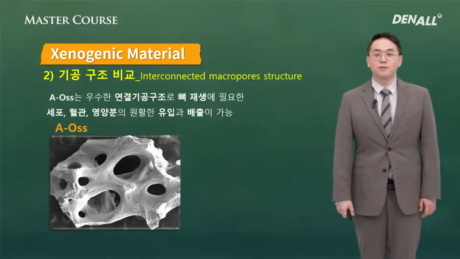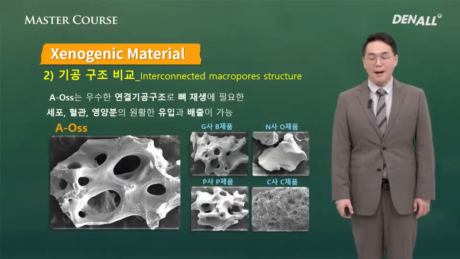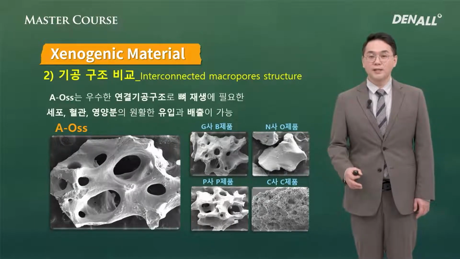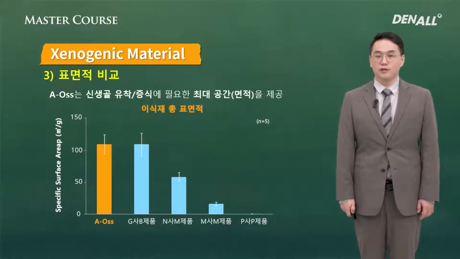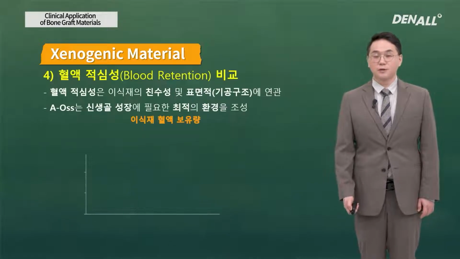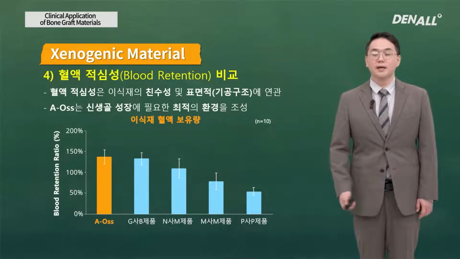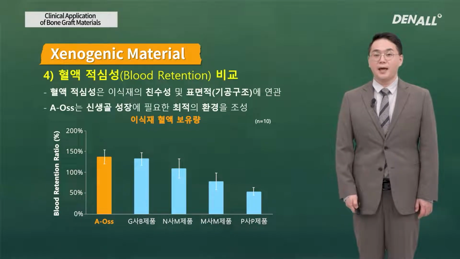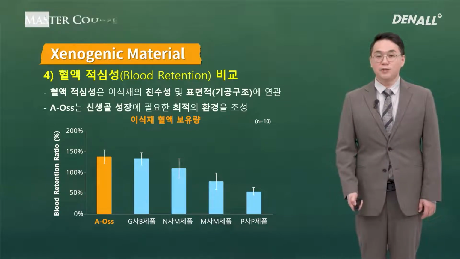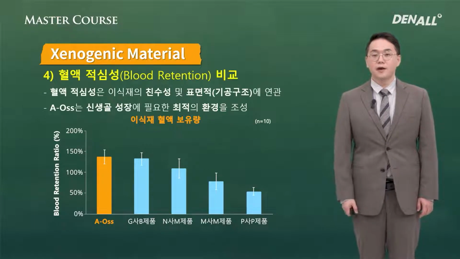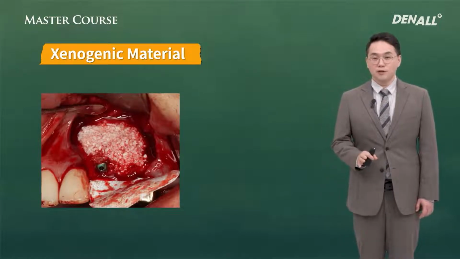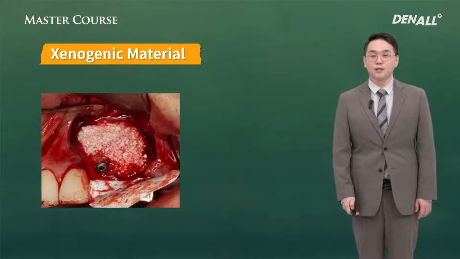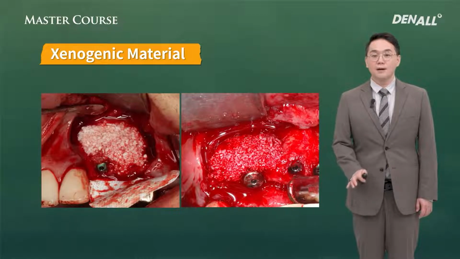If you compare various products with high temperature treatment, the pores would be closed or the pores would be reduced in number because of the recrystallization, and the surface area would be reduced. The blood retention is lowered. If you compare AOS with other xenograft materials, the blood retention capability is lowered if it is treated at high temperature. If a good bone material like AOS is grafted in a critically favorable environment in terms of blood, over time the blood would be retained and self-aggregated.